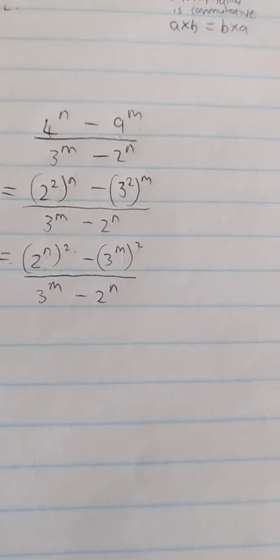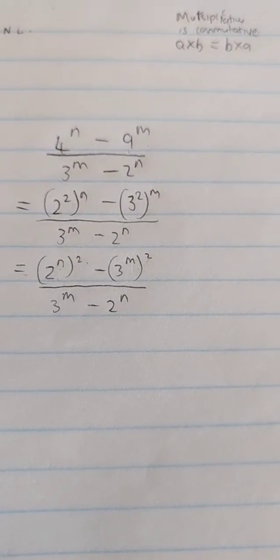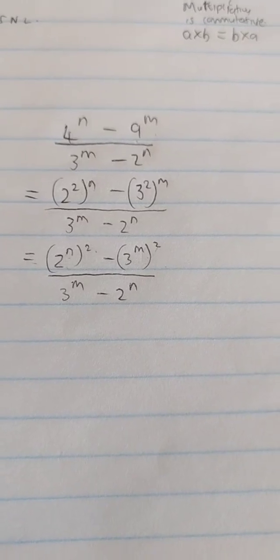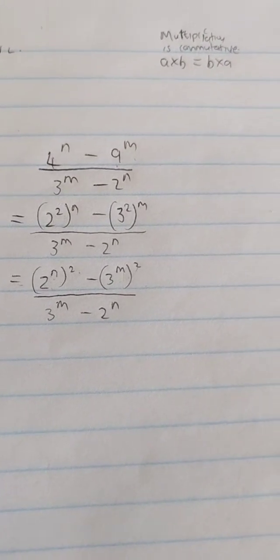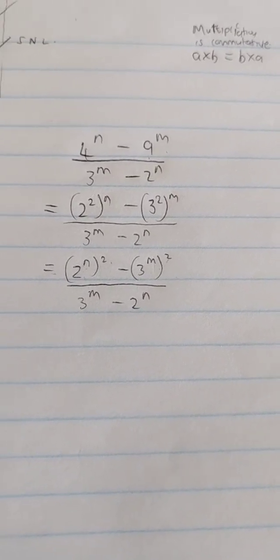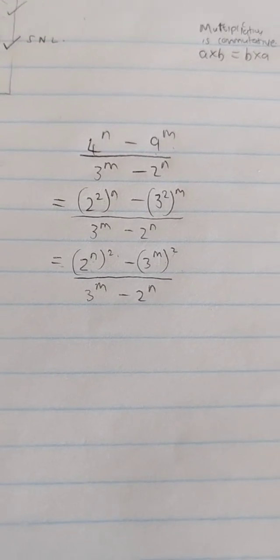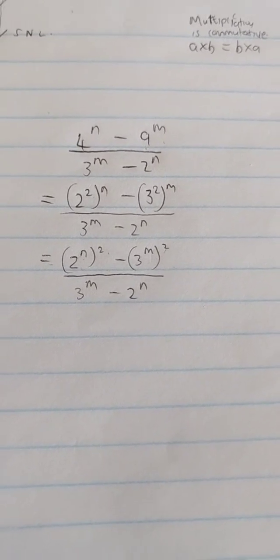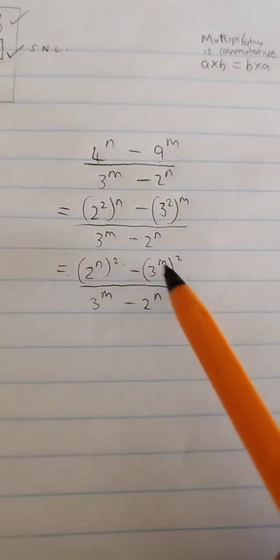Now, the grade 10 learners that I've been teaching have been doing factorization, right? There are rules attached to factorization. Step number one, when you are factorizing, you need to first establish how many terms there are.